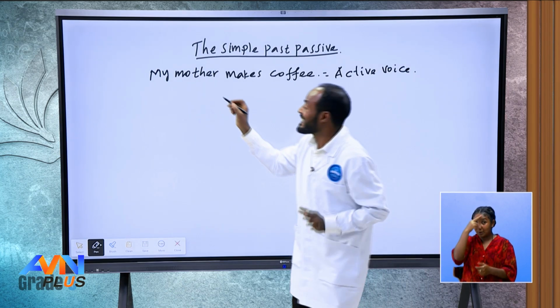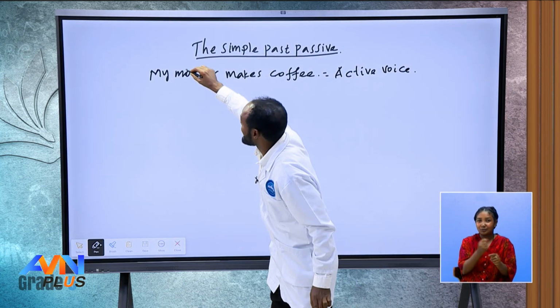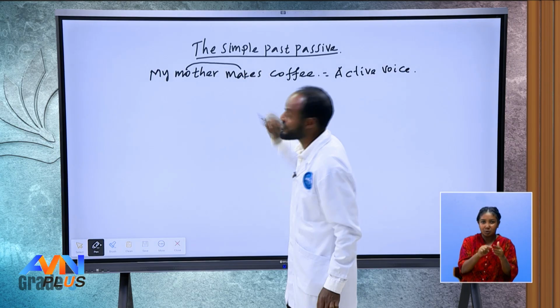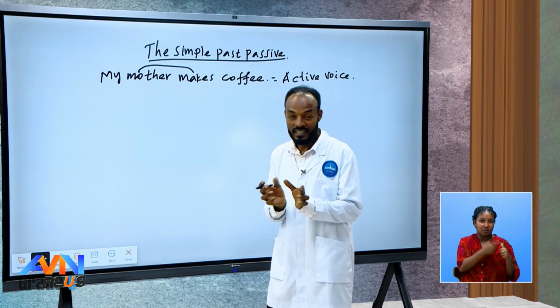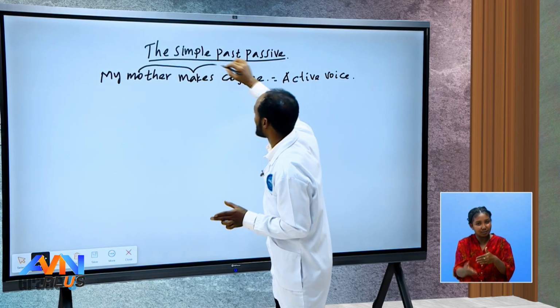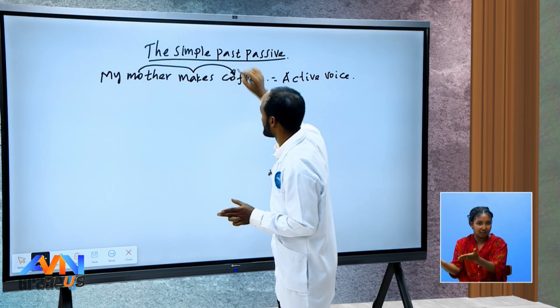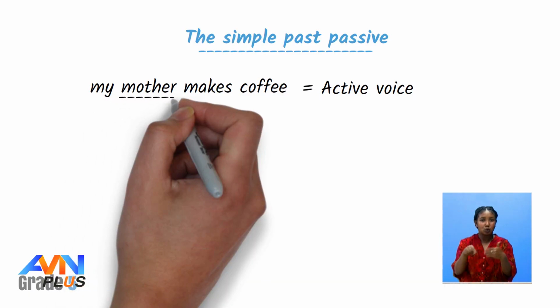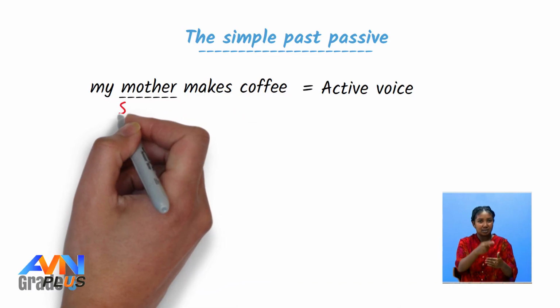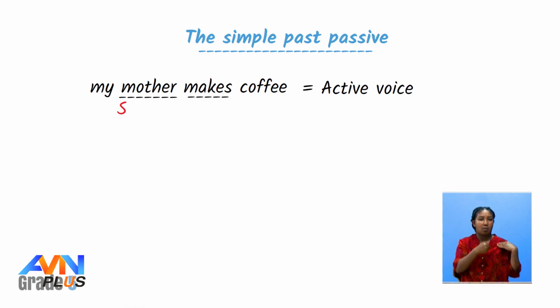Because here the action just starts from the doer of the action, or the subject, then it goes to what? To the object. Yes, clear? So the reason, here this one is the subject. This one is the verb. What about this one? This is the object.